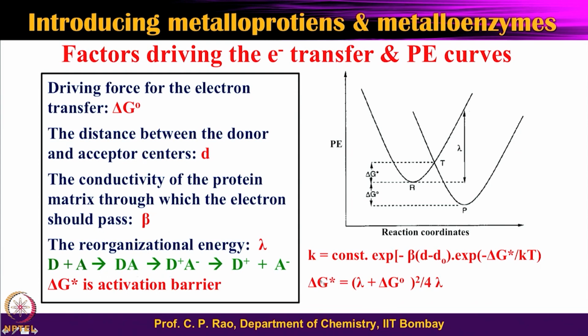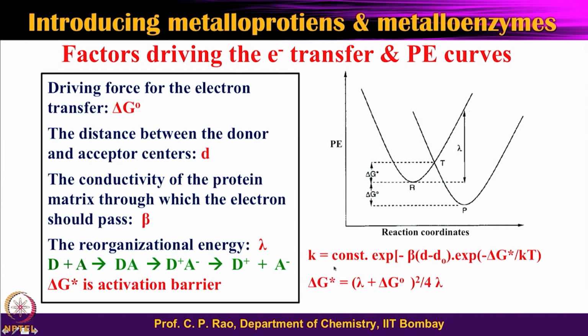The activation barrier is dependent on the reorganizational energy and the delta G naught, which is the driving force. Okay. So, therefore, the formula is given as (lambda plus delta G naught) whole square by 4 lambda. So, the activation barrier is also explained over here.